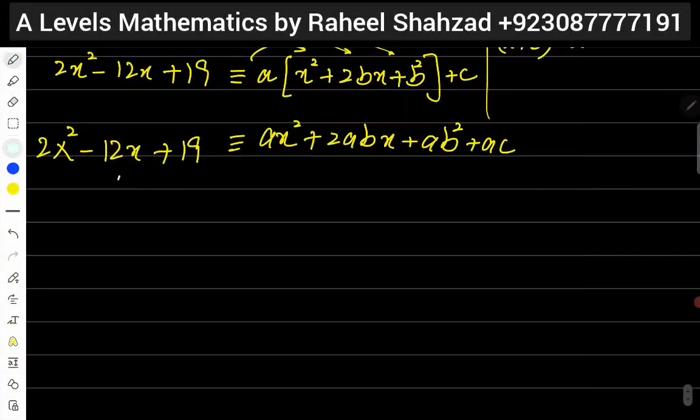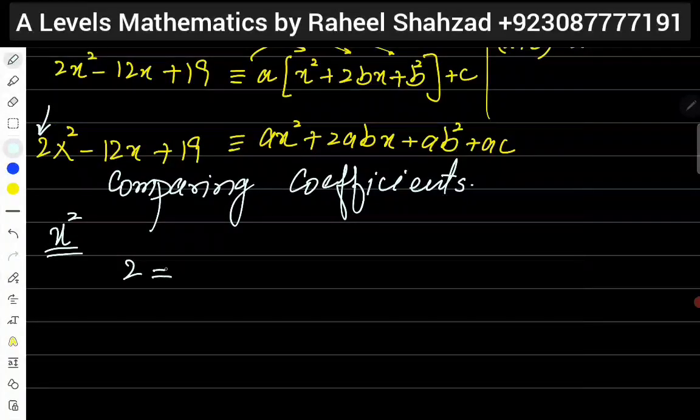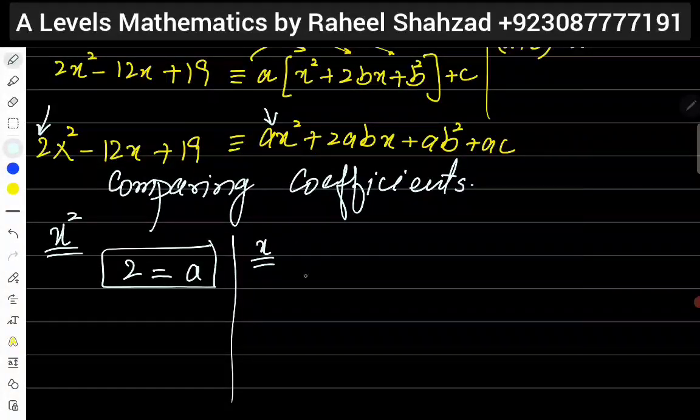Okay, now when we say comparing coefficients, let's compare coefficients of x square first of all. On left hand side it's 2, on right hand side coefficient of x square is a, so value of a we get is 2. Okay, now let's compare for x.